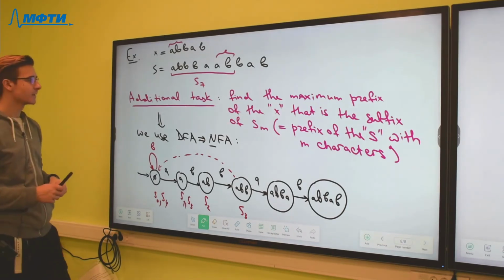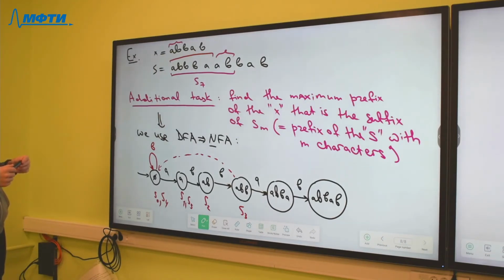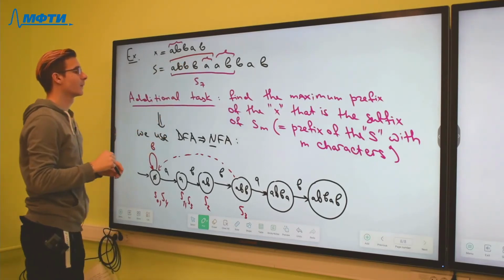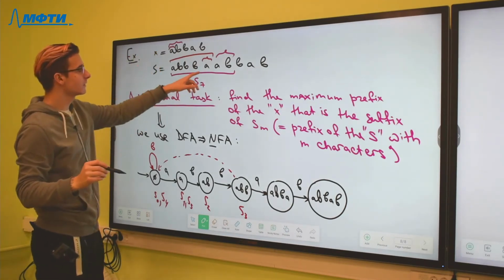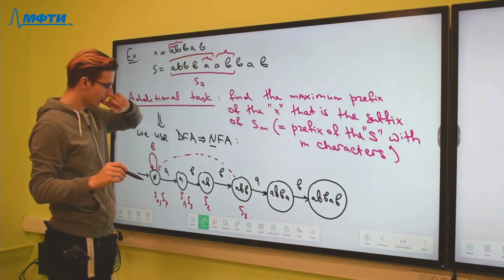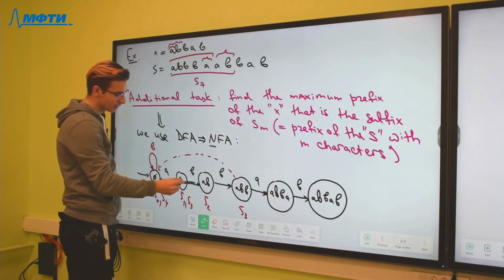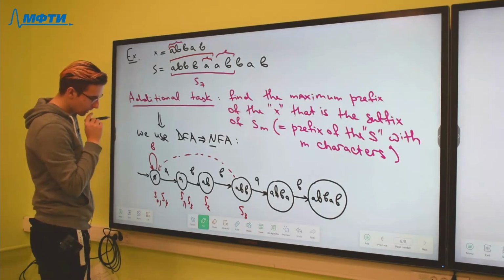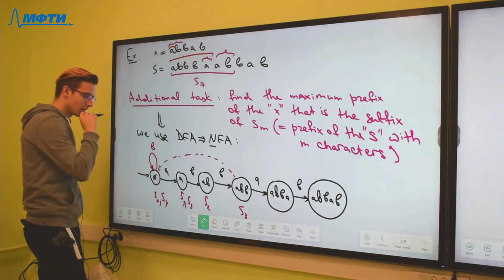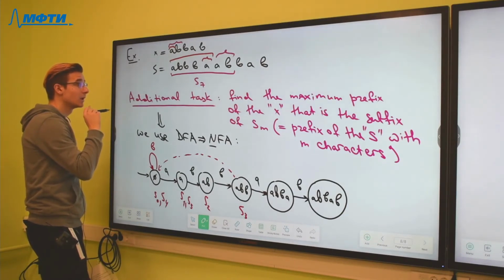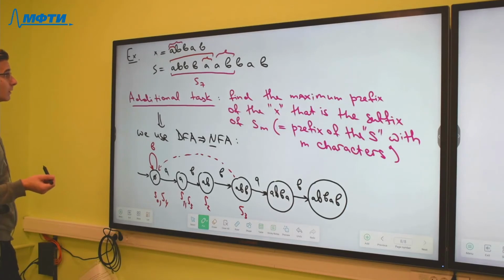Okay, and then I see that it is S5, the maximum suffix of it that is the prefix of x, and then I see the character A, and I see that in this graph we have no edge between this vertex and this one with the character A. And I need to find such a link, such an edge that starts with this vertex and ends with it.